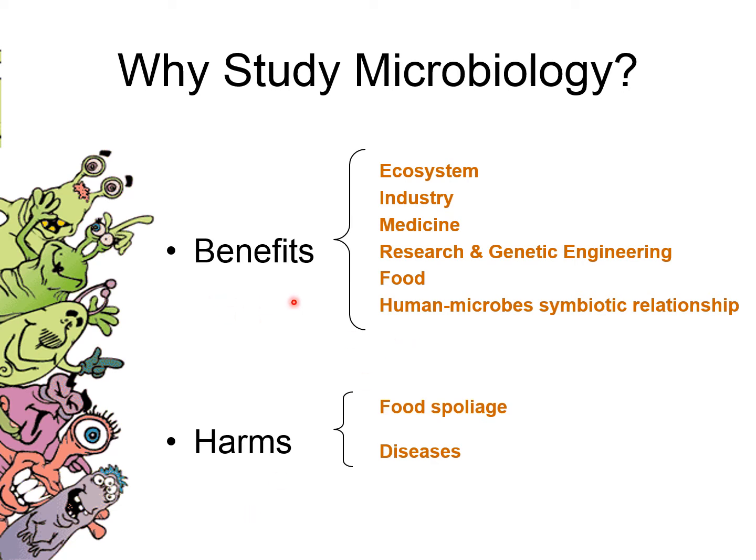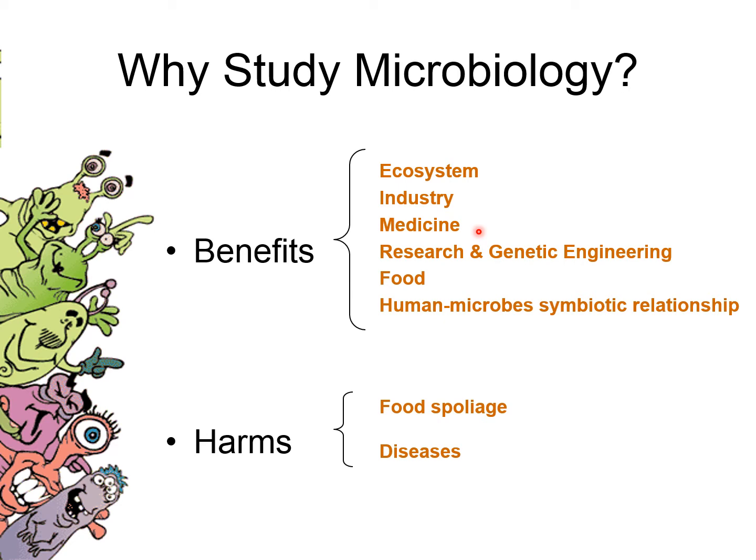So there are different benefits of microbes. That is their role in ecosystem, which is as decomposers, and they are involved in the recycling of many nutrients. Microbes are used in industries like that of pharmaceutical and food industry, and they're also used in production of medicines such as antibiotics.